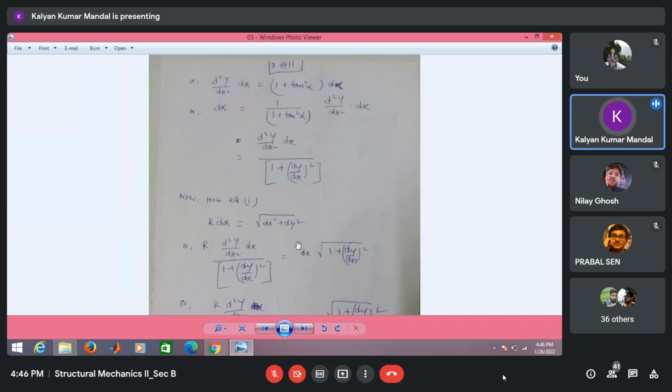Similarly, from equation 1, we already have r d alpha is equal to root under dx square plus dy square.